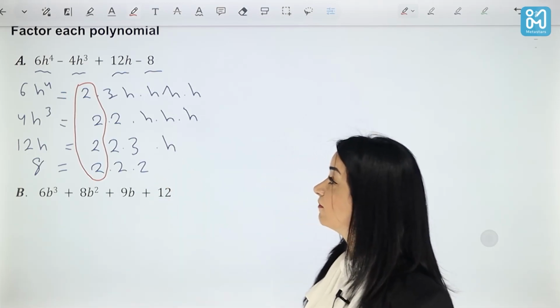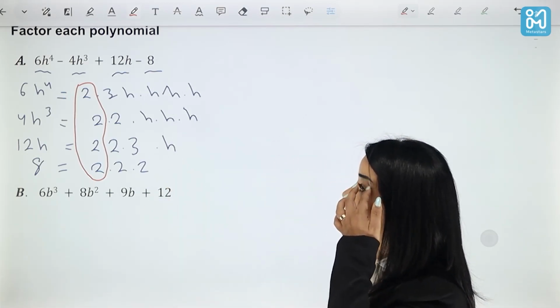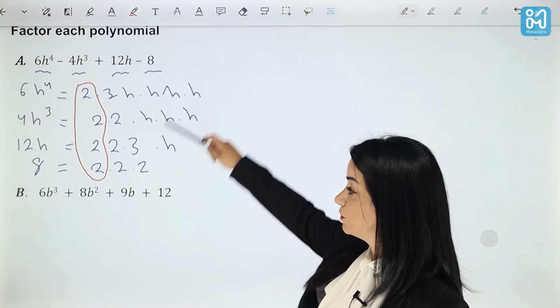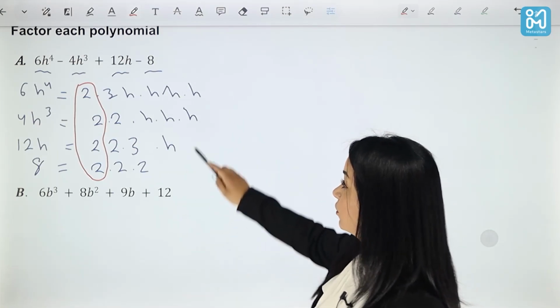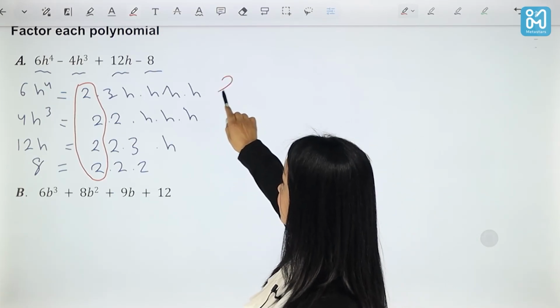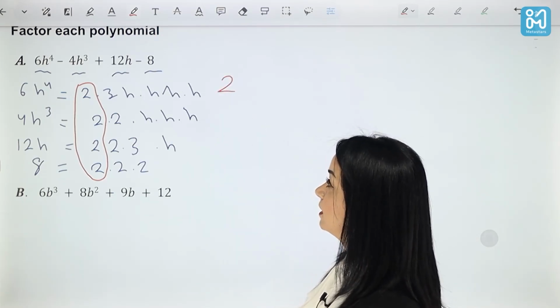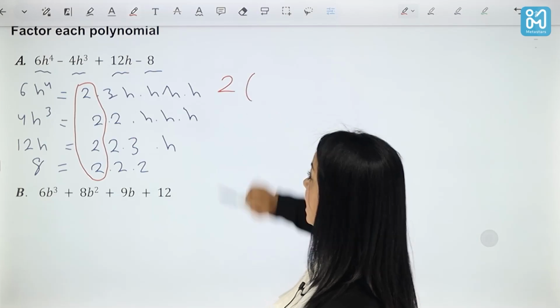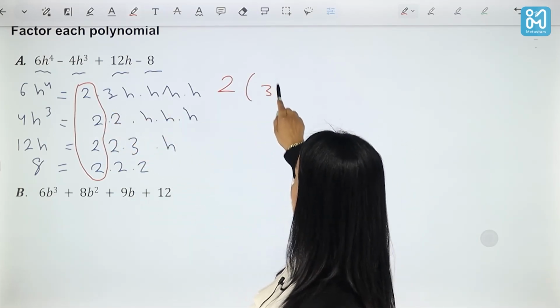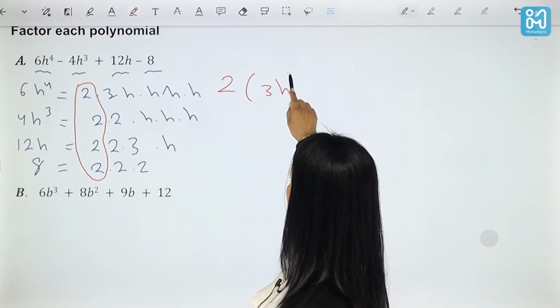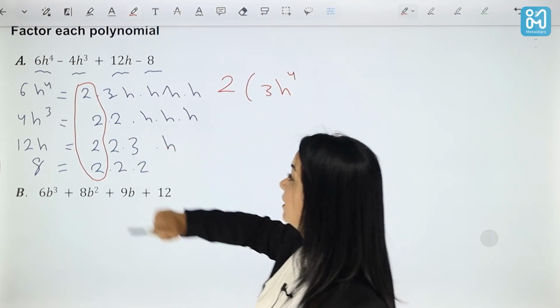So what is the common factor here, what can we realize? The common factor I can realize between all of these is what? It's only 2. So I can take 2 out. Then what do I have left here? I have 3h to the power 4. Then I took 2.